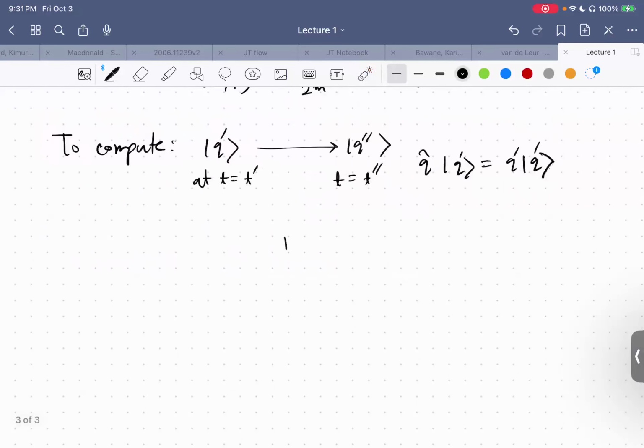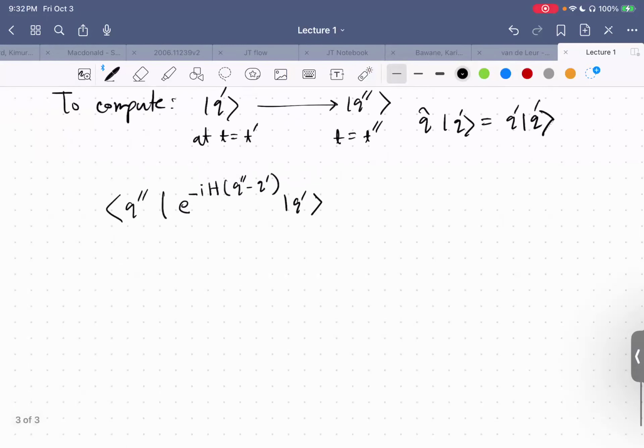You start from q prime, then you evolve it using your time evolution operator, which is e to the minus i Hamiltonian times the time difference. And then you take the overlap with the state that you're interested in, the final state. So this is what we want to compute.